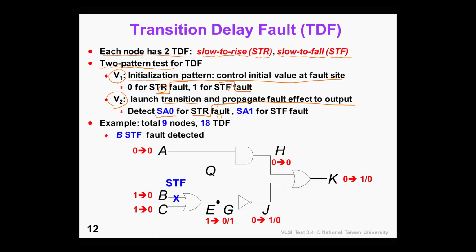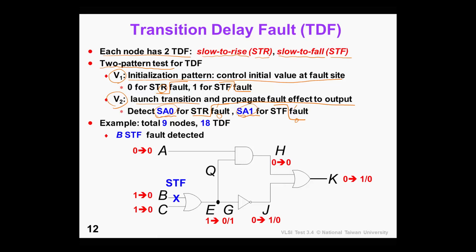On the contrary, for a slow to fall fault, the good value should be 0. If the fault site is stuck at 1, then this site is faulty. So in the second pattern, we want to detect a stuck at 0 fault for a slow to rise fault, or we want to detect a stuck at 1 fault for a slow to fall fault.